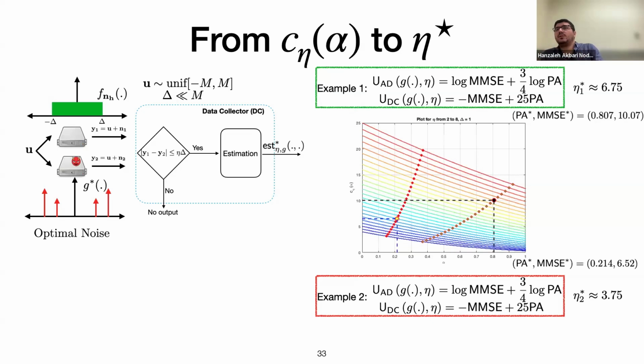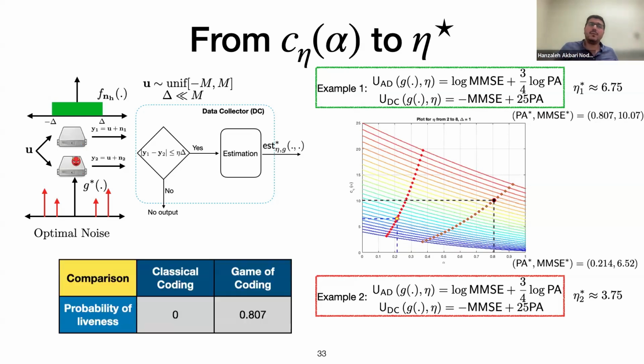In example 1, the probability of acceptance is almost 80%, and the MMSE is 10, while in the second case, the probability of acceptance is 20%, and the MMSE is 6. You can see the probability of acceptance in the first example is bigger than in the second example, but the MMSE is also bigger.